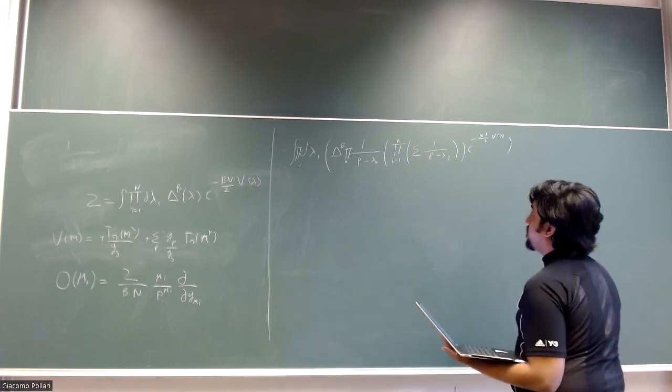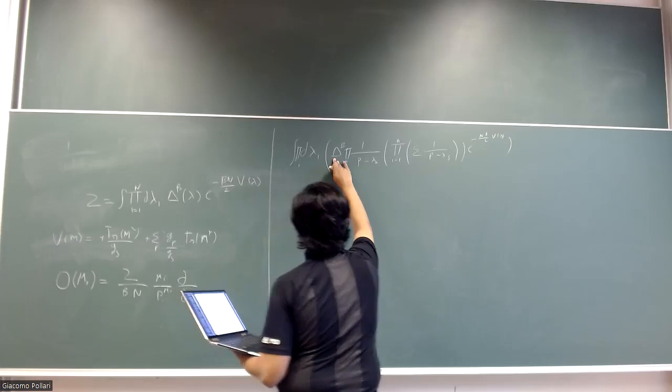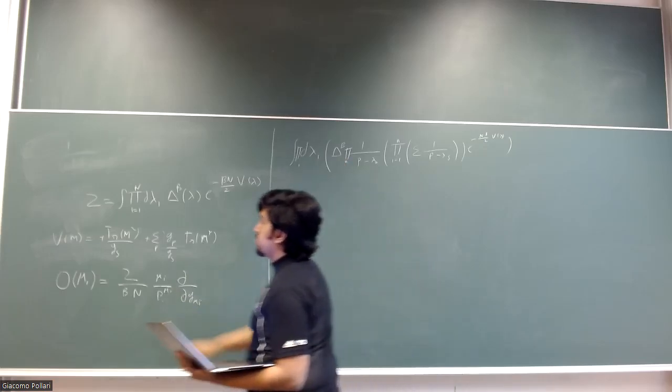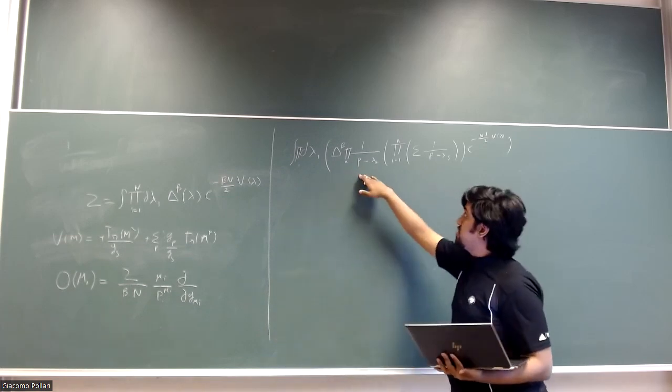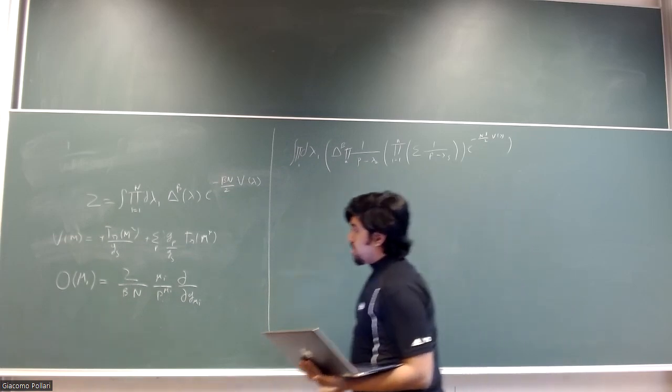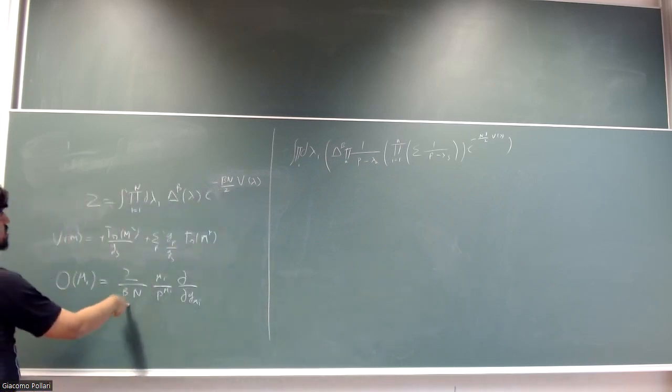So what have I done? This is the measure. This is the beta from before. Instead of starting directly from Z, I'll just say that there's already a place over here. Now, what I've done is I'll add this kind of insertion on this.